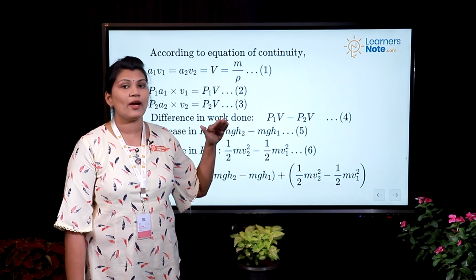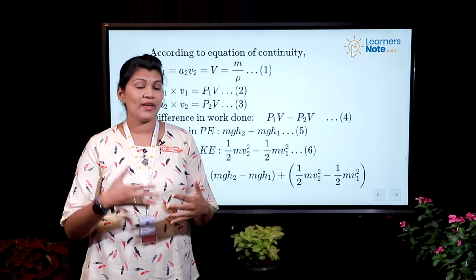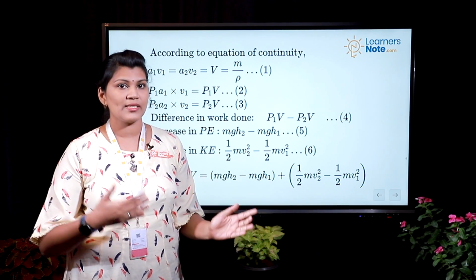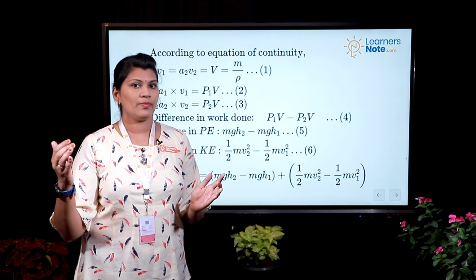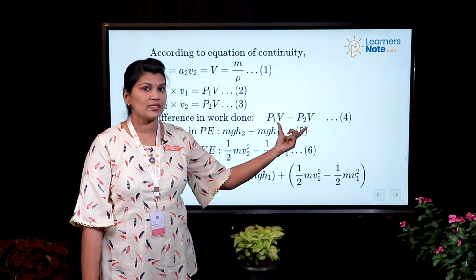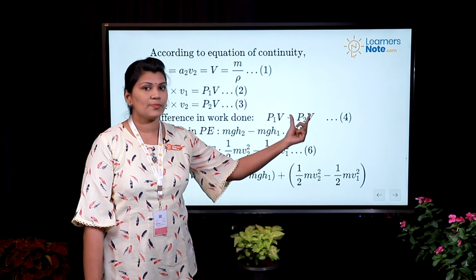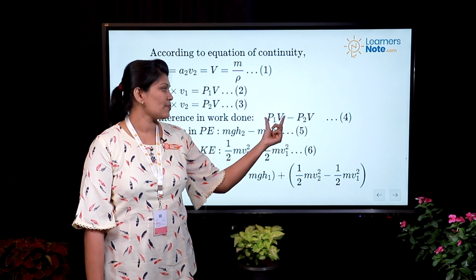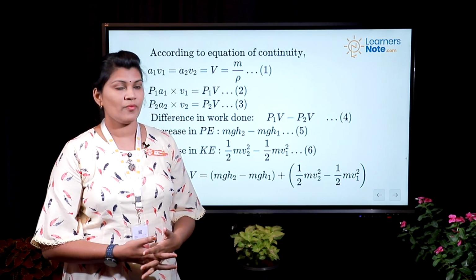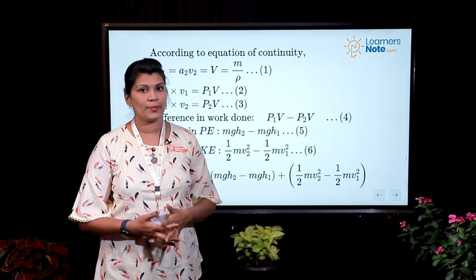So for that we have to find the difference of pressure energies between the first and second points of the tube. That is P1V minus P2V. This P1V minus P2V will be a value greater than 0. Why? Because P1V is a higher value than P2V.